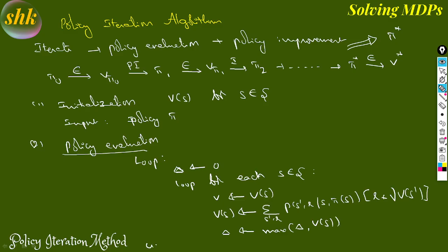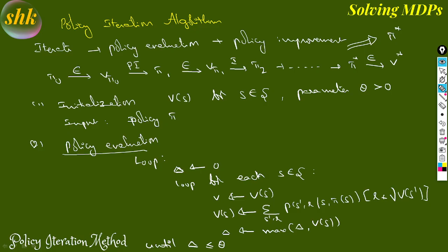This process is done until delta is less than or equal to some initialized parameter theta. In the initialization, we also consider the accuracy parameter theta, which is greater than 0; approximately you can take it as 0, but it should be a little bit greater than 0.